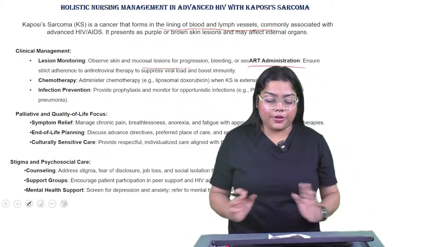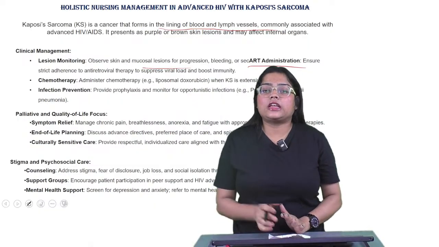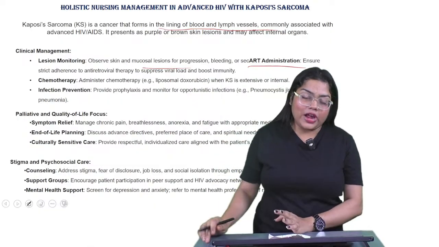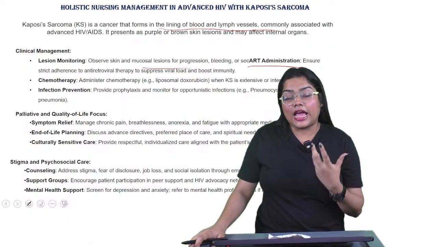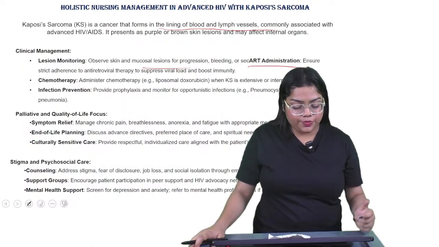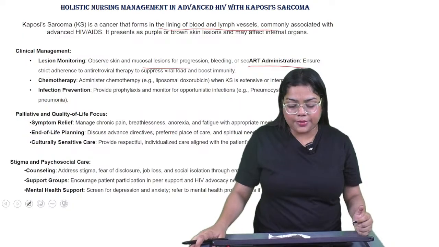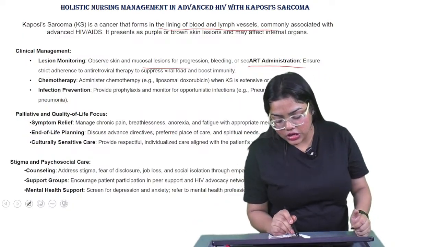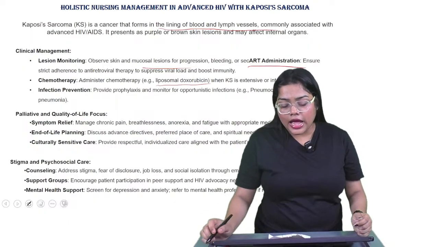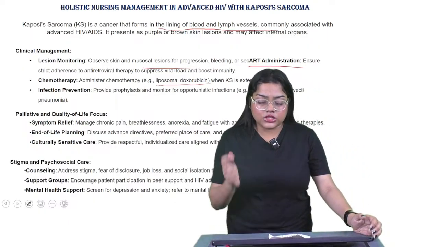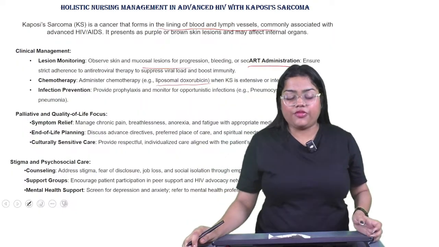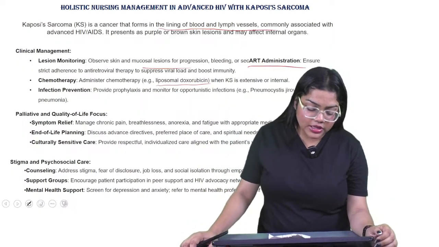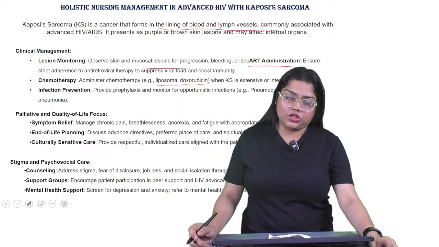Next is chemotherapy. Chemotherapy, you all know, is a kind of drug therapy where we kill the cancer cells with drugs. Administer chemotherapy, for example liposomal doxorubicin, and only when the Kaposi's sarcoma is extensive or internal can we give the chemotherapy.